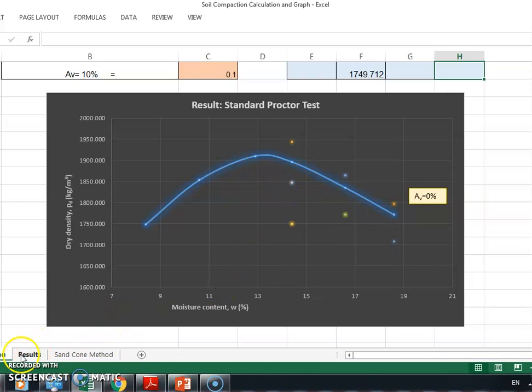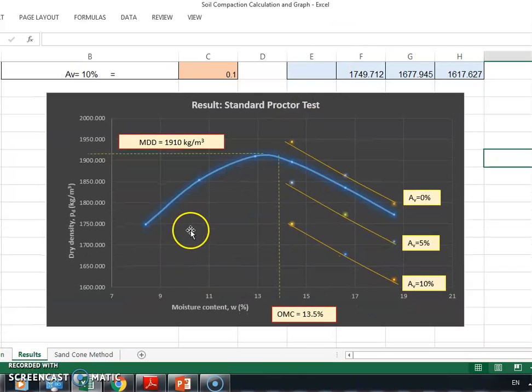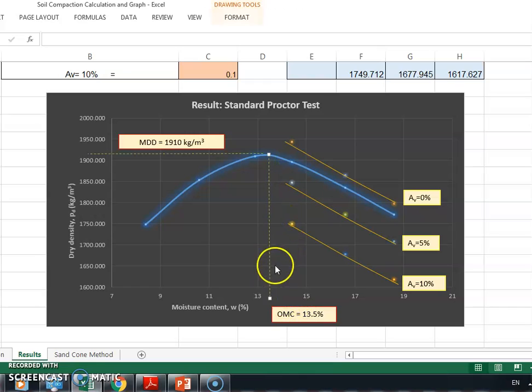So I already prepared the results. This is the graph. We can see that the maximum dry density is at 1910 kilogram per meter cube, and the optimum moisture content is about here, about 13.5%.